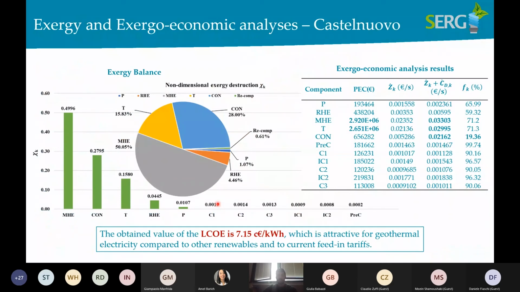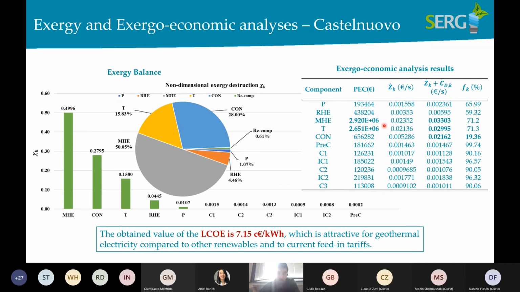From an Exergy and Exergo-Economic point of view, the main components which need to be focused on are the main heat exchanger and the condenser. Indeed, the Exergy extraction in the main heat exchanger is quite high, and its cost is one of the most relevant, slightly followed by the turbine.